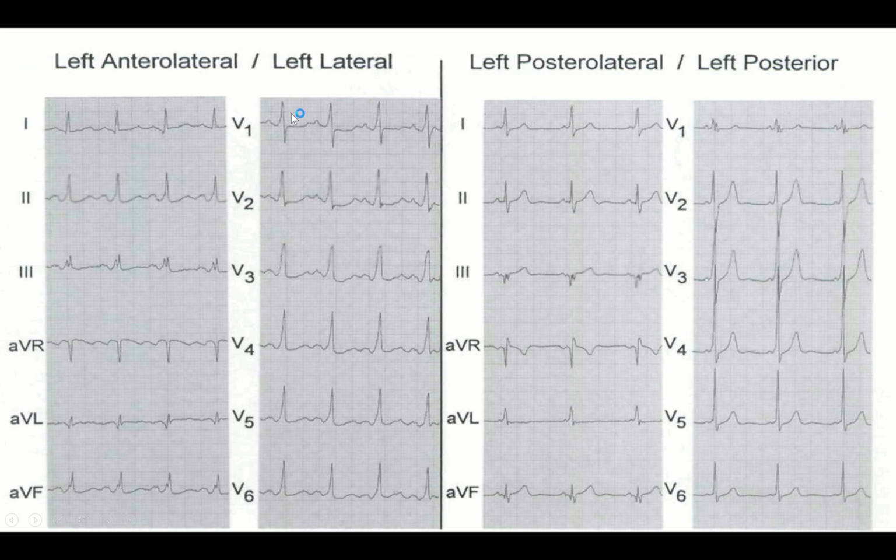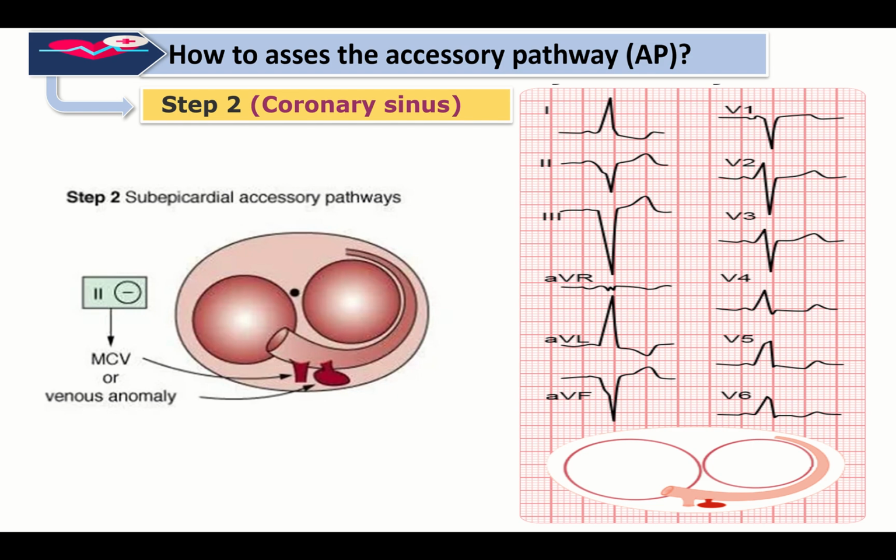Again, left lateral accessory pathway on the left panel, and on the right panel left posterolateral and posterior accessory pathway. We can appreciate in the right panel R wave more than S in V1, negative delta wave in 1 and aVL, and we can see negative delta wave in 3 and aVF. It's left posterolateral.